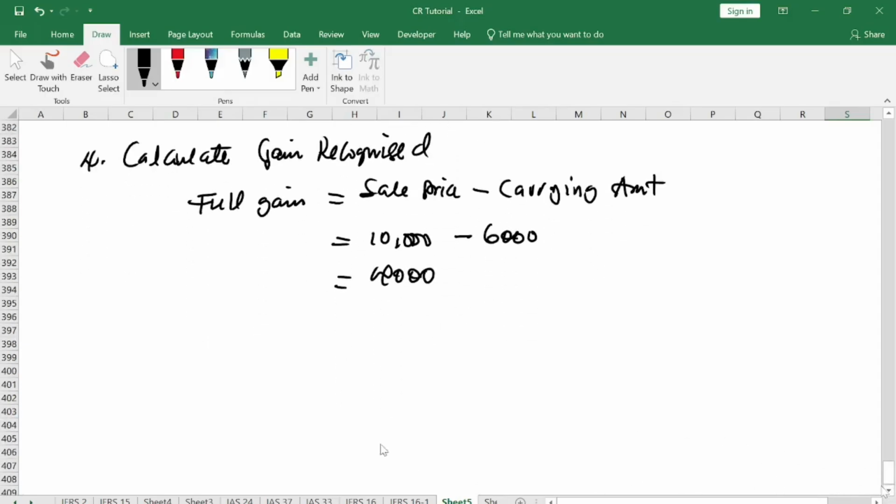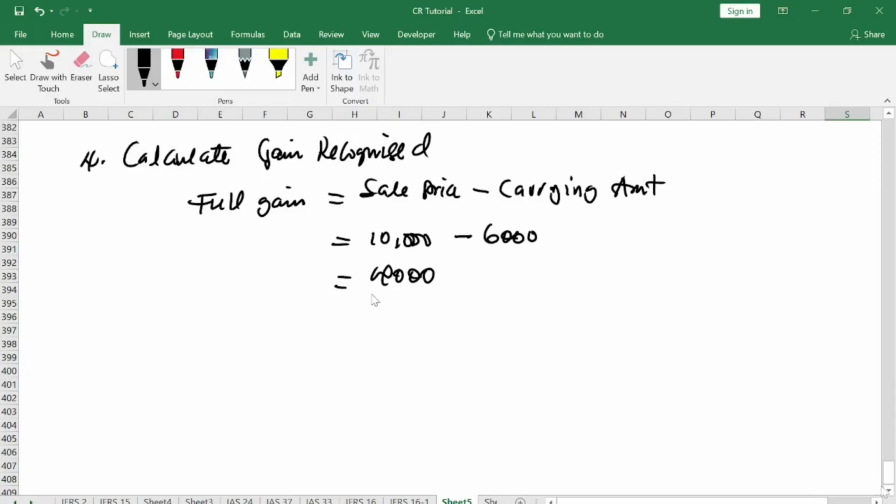And the standard says that we cannot recognize all the 4,000 gain. You remember, you sold this asset to a buyer and you lease this asset back. So when you lease it back, there's a gain after you've sold this asset, and the standards say that this gain cannot be recognized fully by you.